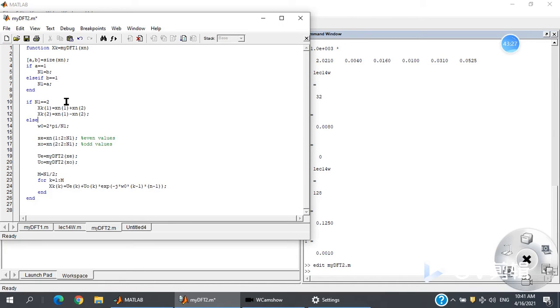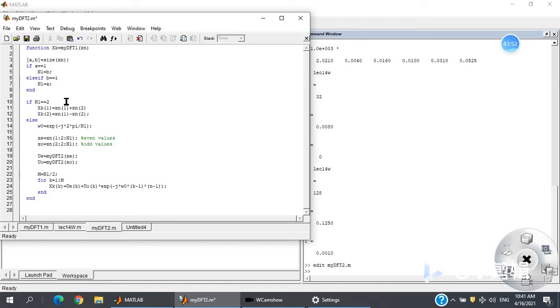I put the exponential power here: negative j times 2 pi over n1.